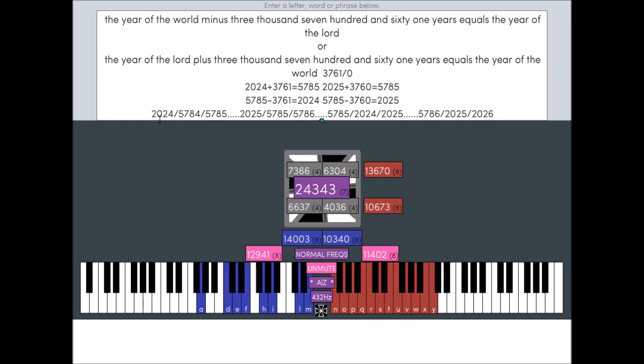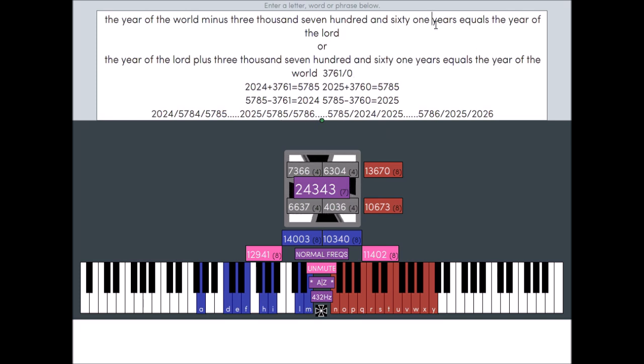And then here I'm just showing that 2024 Anno Domini year is also the Anno Mundi years 5784, 5785, and the Anno Domini year 2025 is the Anno Mundi years 5785 and 5786.